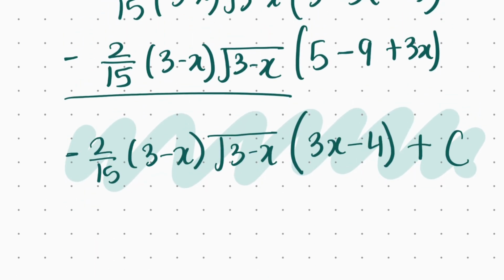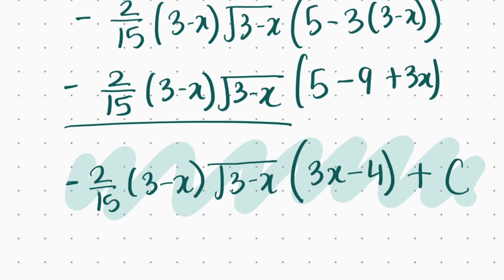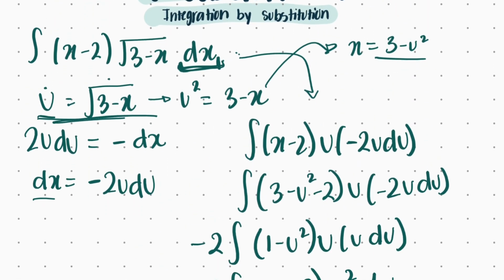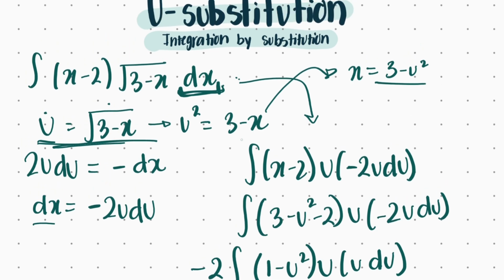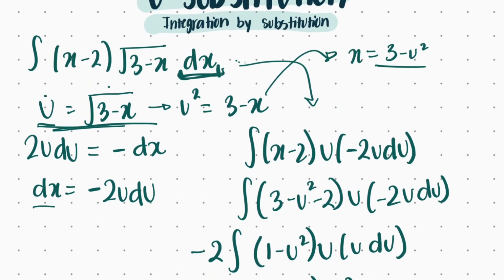This is what you're going to see in most problems and the solutions to most problems, which is why I wrote it like this. So as long as you find the value of u, you find the value of dx or du, and you find the value of x in some cases, then you can just replace it in here and find your answer.